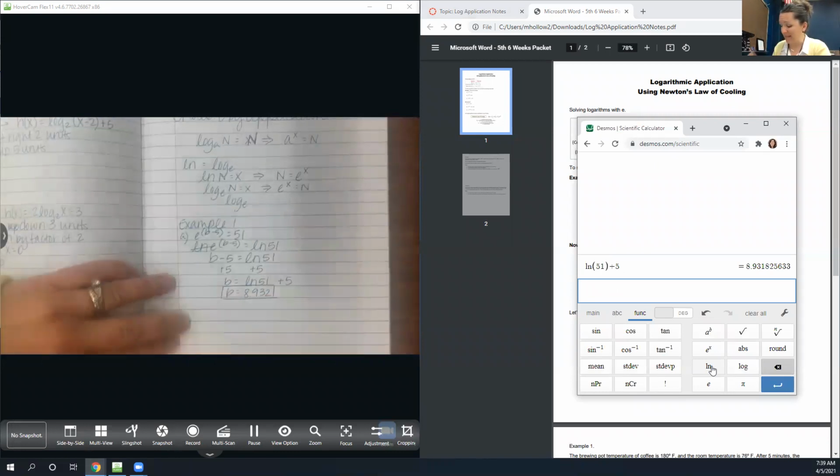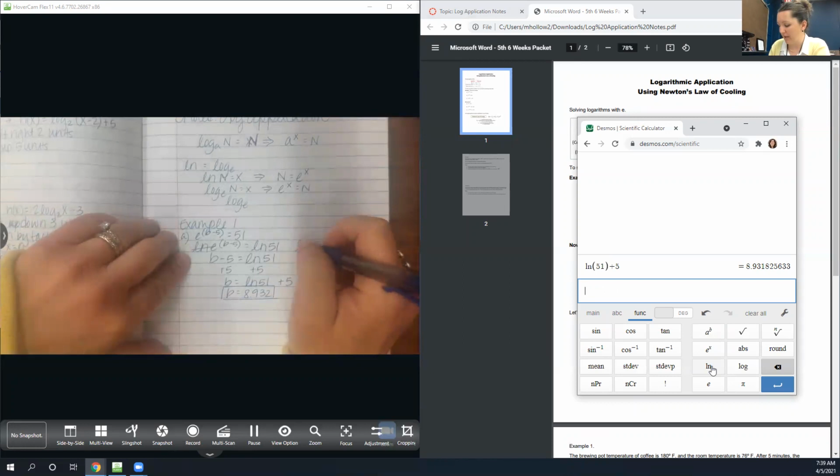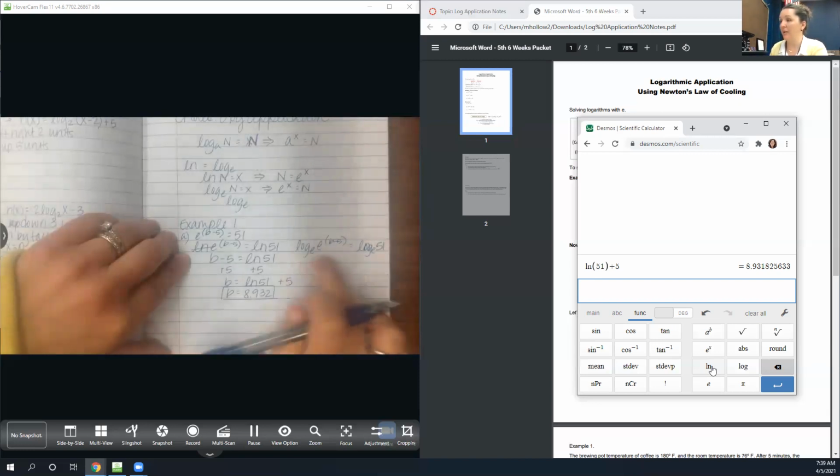So I want to go back and think about this. When I take the natural log of something, I'm actually taking log base e of e to the b minus 5 power equals ln, or log base e, of 51. So think about this statement here.